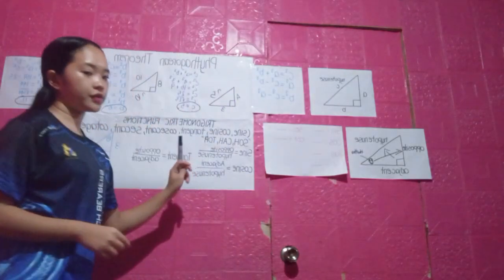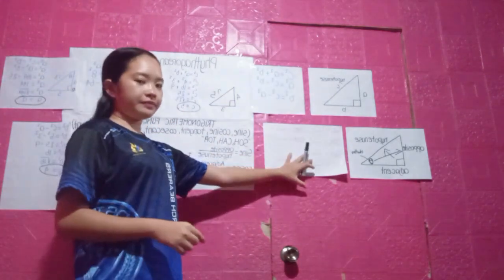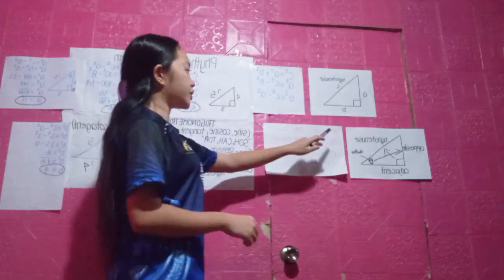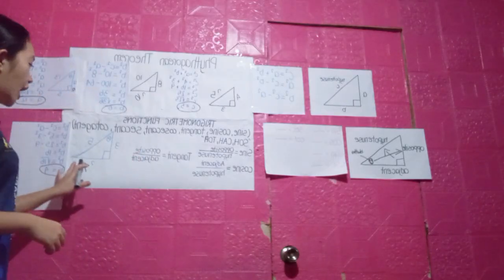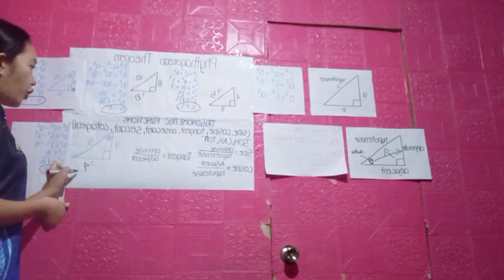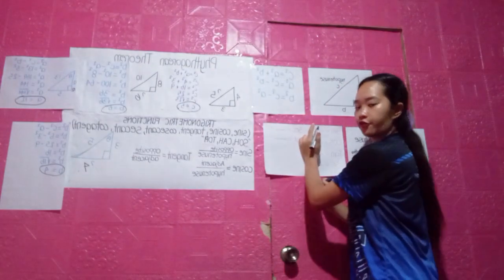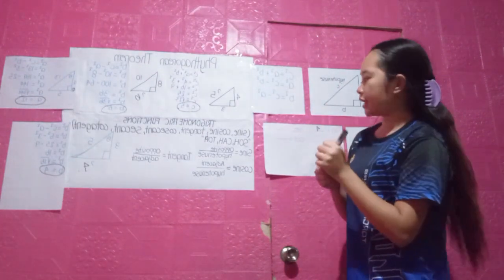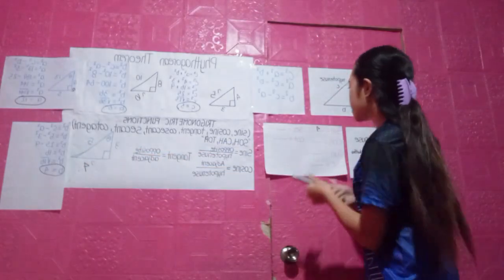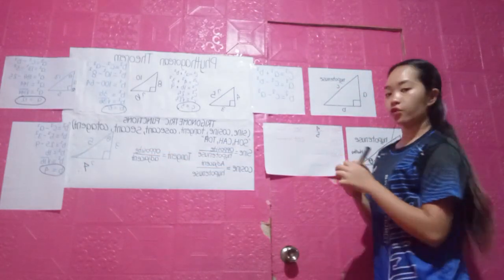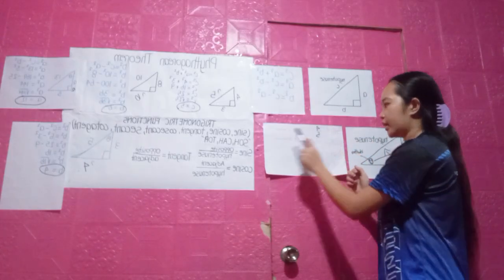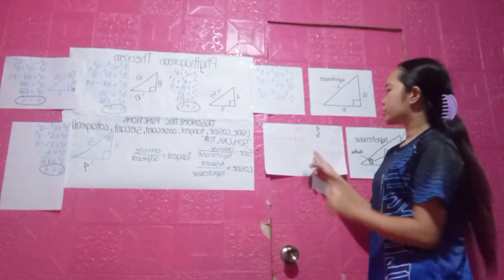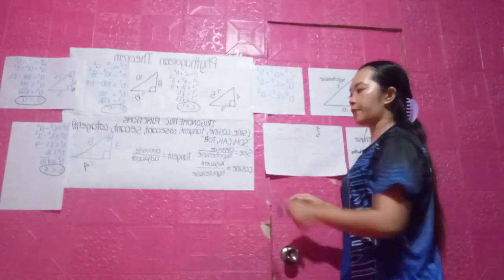Now we can solve this one. Sine is opposite over hypotenuse. In this angle, the opposite is 4 and the hypotenuse is 5, so sine equals 4 over 5. Next is cosine. Cosine equals adjacent over hypotenuse.